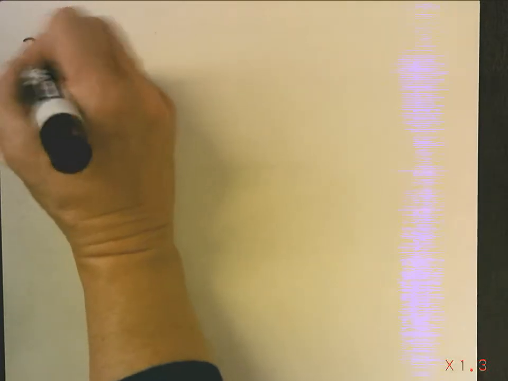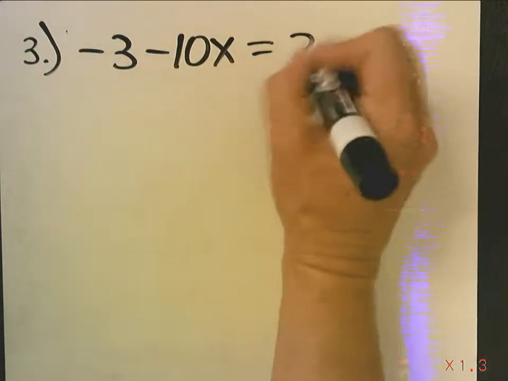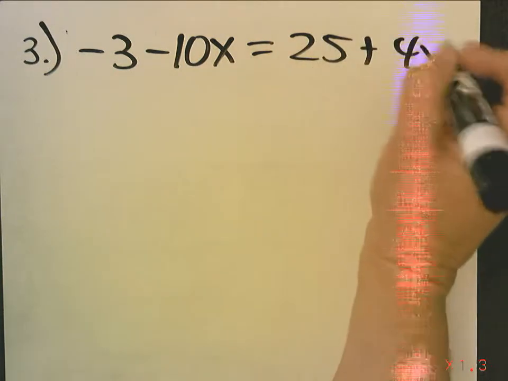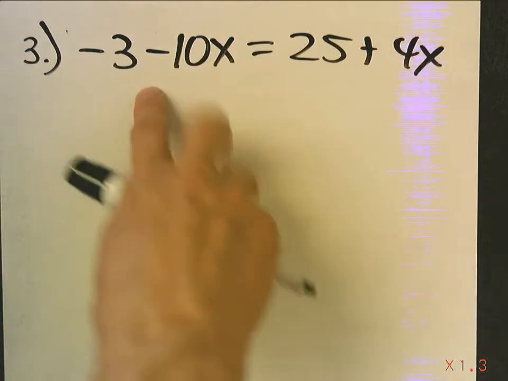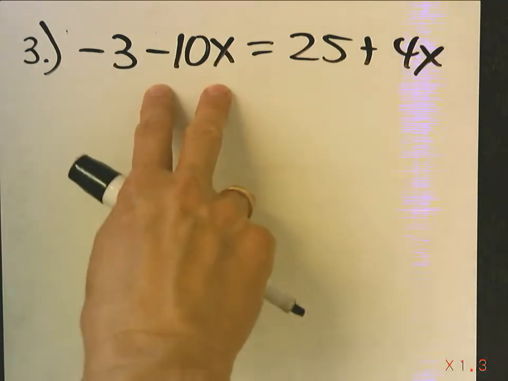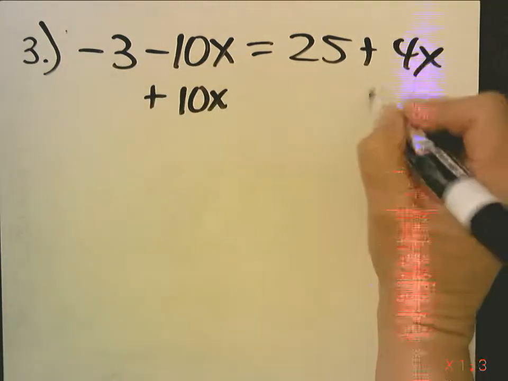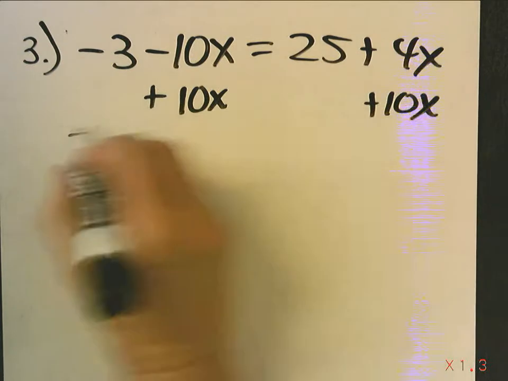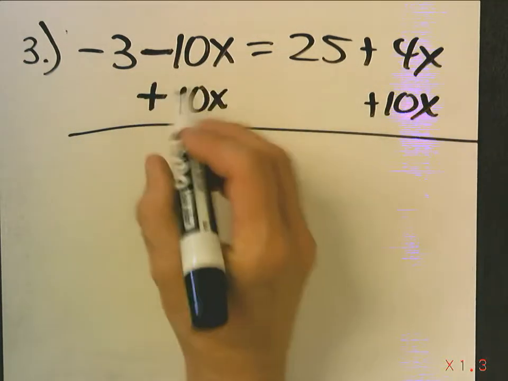Now, number 3, negative 3 minus 10x equals 25 plus 4x. So now, this is interesting. This is a negative 10x. Now, if I want a negative 10x to disappear, I add 10x to both sides. Notice I'm using the inverse property of addition.